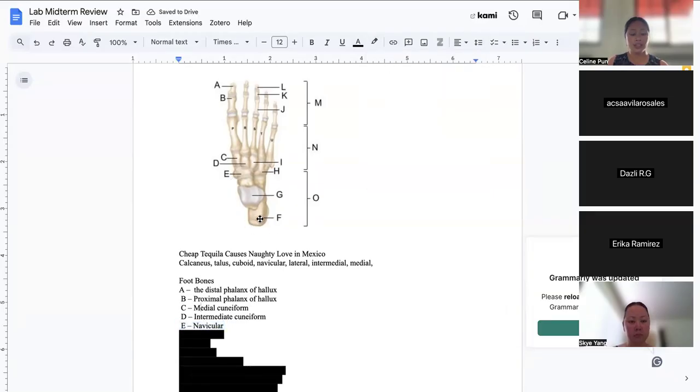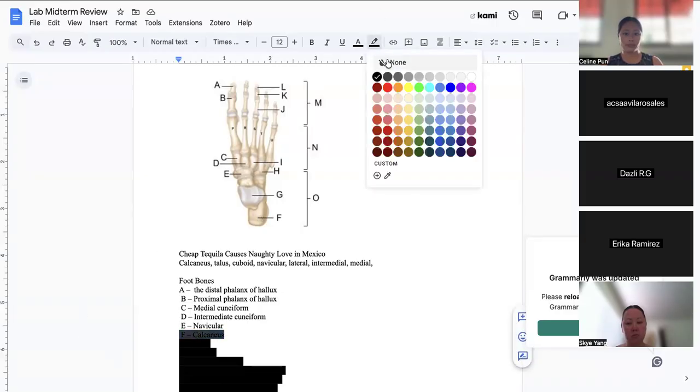F, down here. This is your heel. Do you guys remember what your heel bone is called? Your heel bone is called the calcaneus bone.